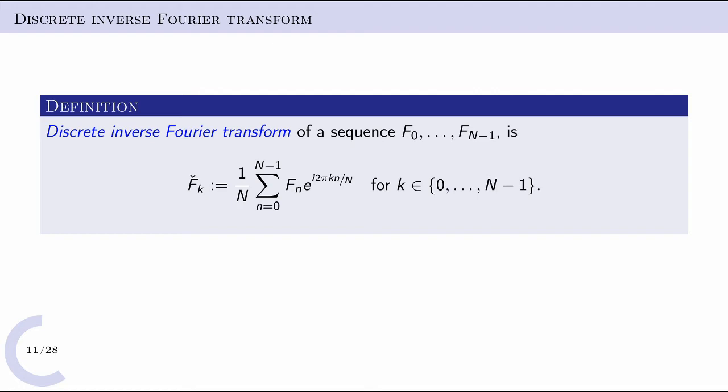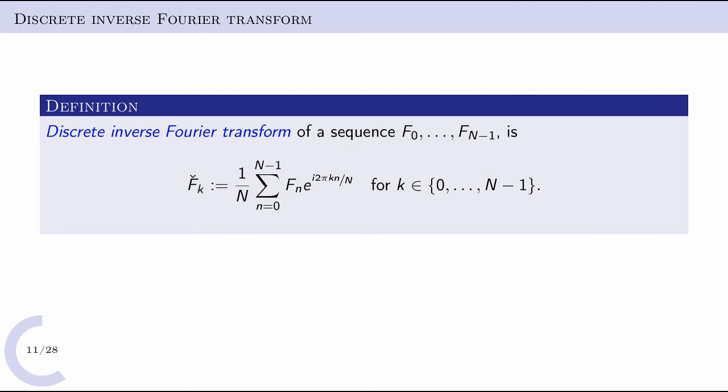But it's equally justifiable to put this 1 over n in the Fourier transform. So then we have 1 over n in the forward Fourier transform, and there is no fraction in the inverse Fourier transform. And then there is a third convention which prefers to make both definitions symmetric, and those guys put 1 over square root of n both in the forward and inverse Fourier transform, and this is an equally valid definition. All these definitions give rise to the same theory, so this is just a matter of taste.